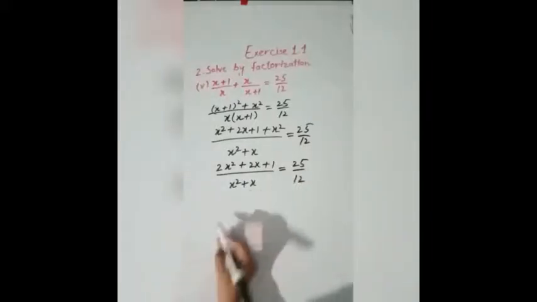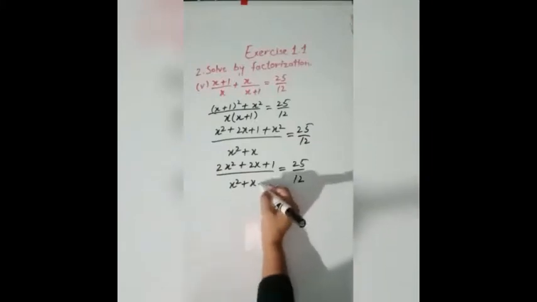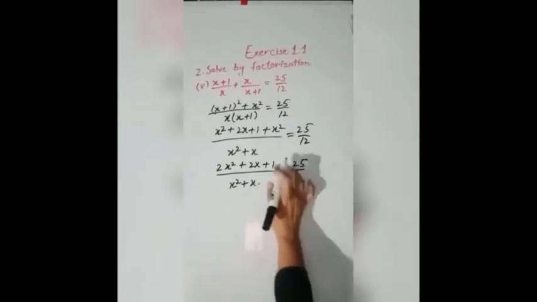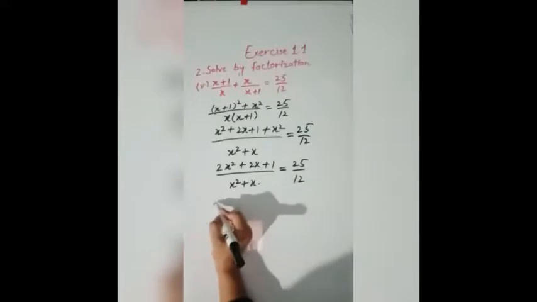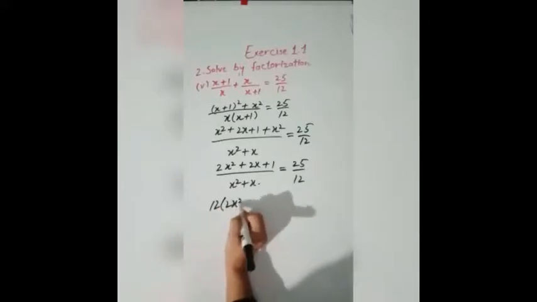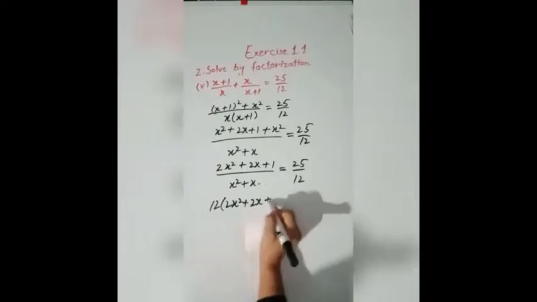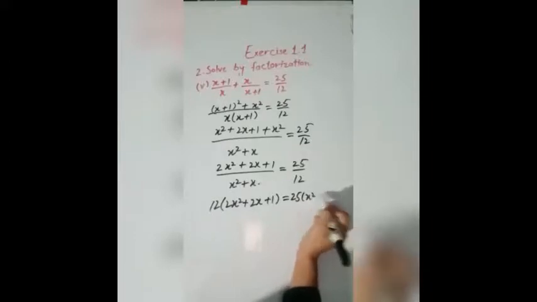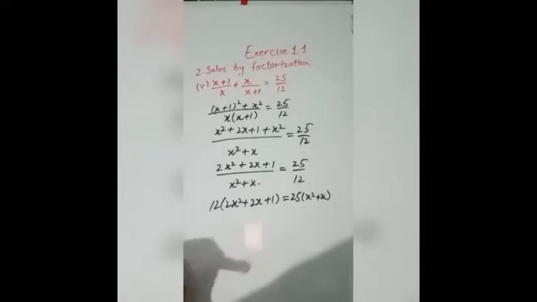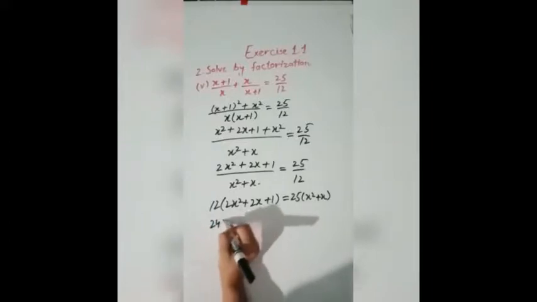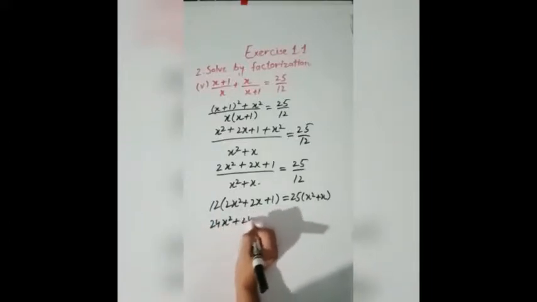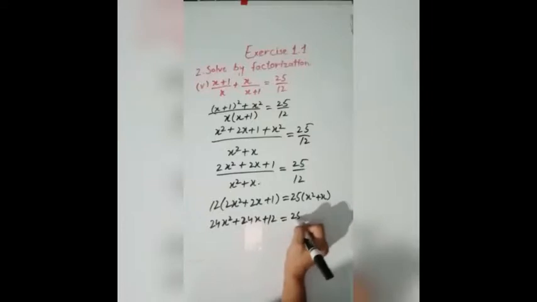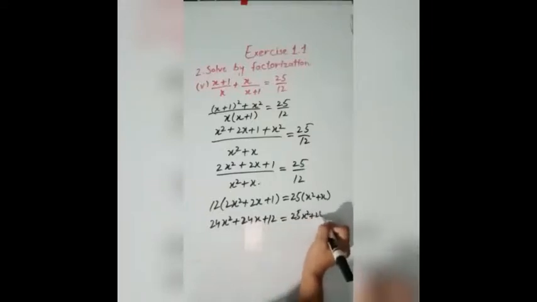We have to do cross multiplication. So this multiply by this and this multiply by this. This is cross multiplication. So 12 into 2x square plus 2x plus 1 is equal to 25 times x square plus x. 24x square plus 24x plus 12 is equal to 25x square plus 25x.